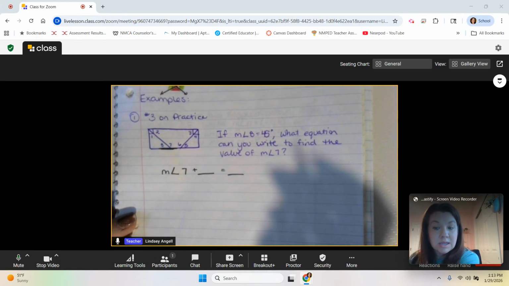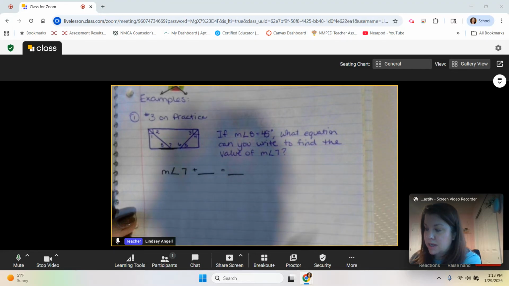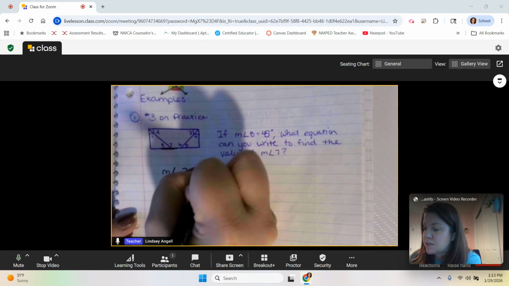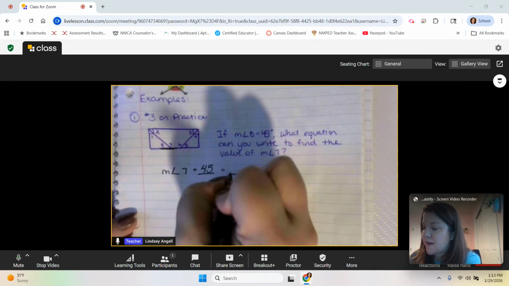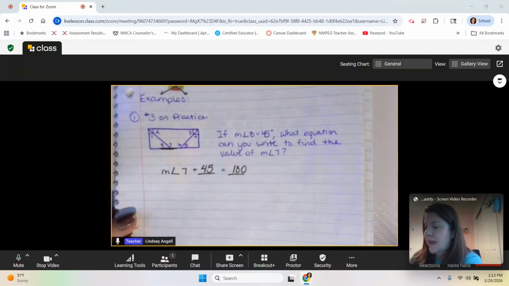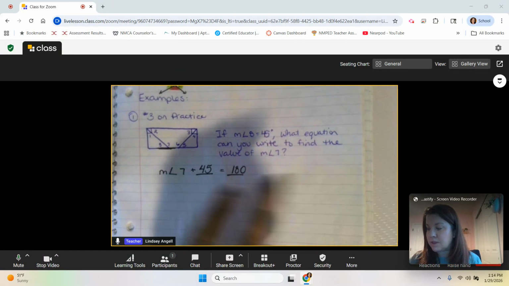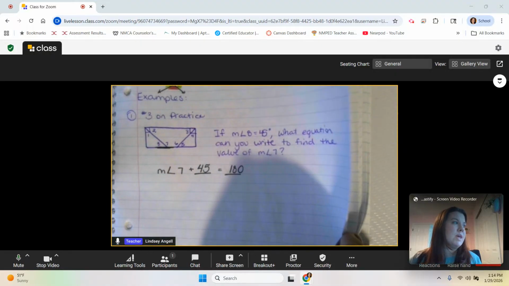Which means that they are supplementary or they equal 180 degrees. So we could take the measure of angle 7, add it to the measure of angle 8, which is 45, and those added together should equal 180. Okay, so that's what your practice is going to be looking for, those two numbers there.